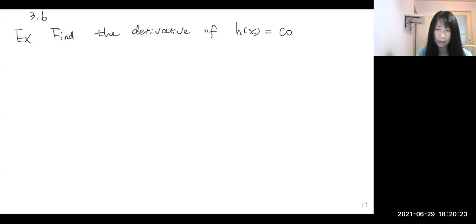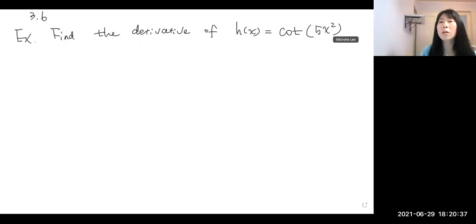Cotangent, cotangent. Cotangent of 5x squared. Okay, so we're going to find the derivative of the function.